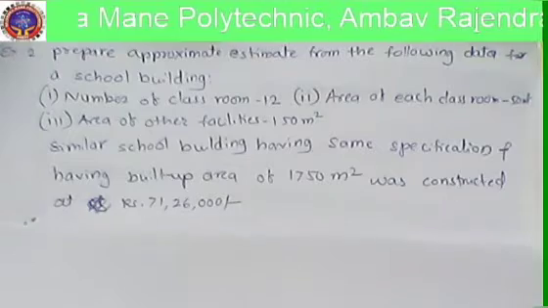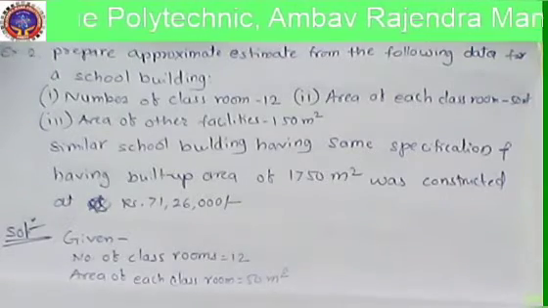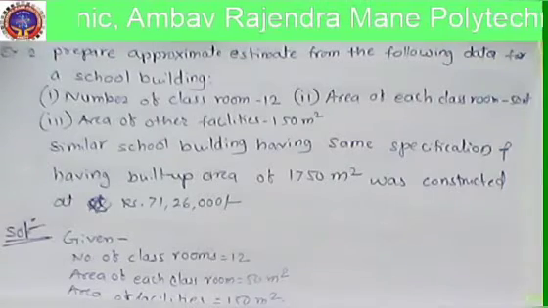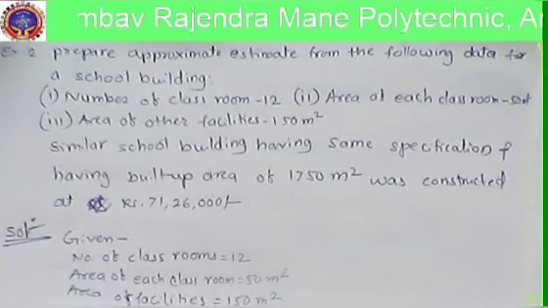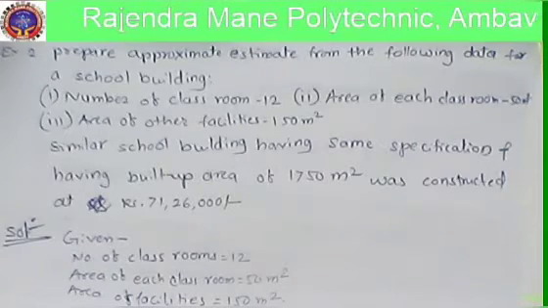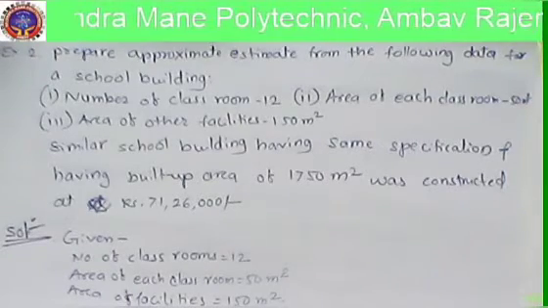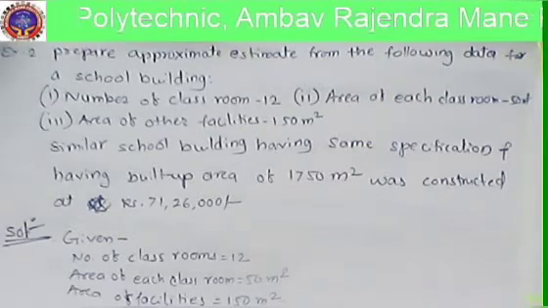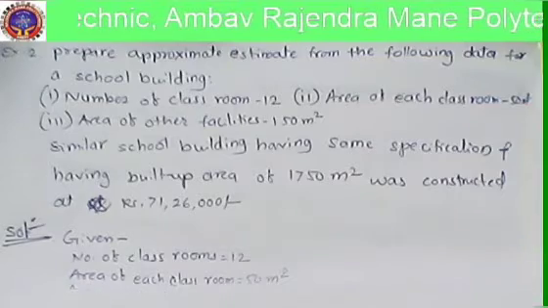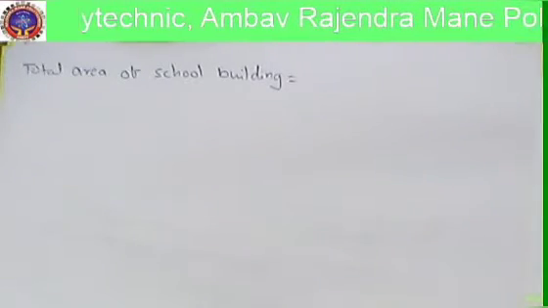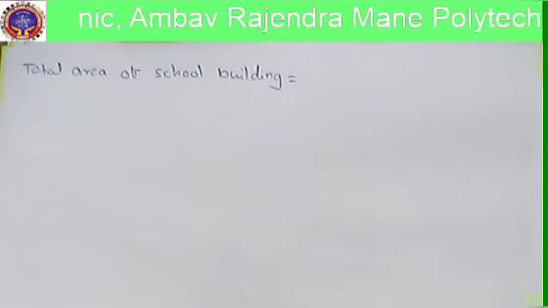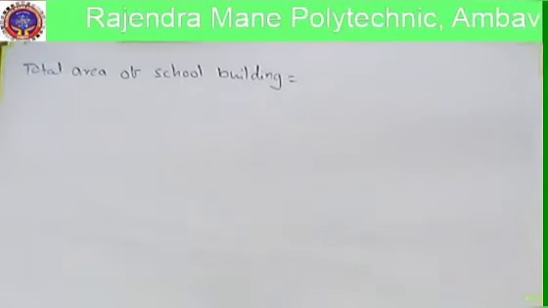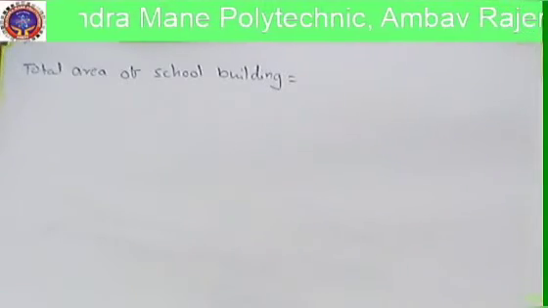So the given data is number of classrooms 12, area of each classroom 50 square meter, and area of facilities 150 square meter. Now in this numerical, first we have to calculate the total area of the school building. There are total 12 classrooms, each having 50 square meter area.